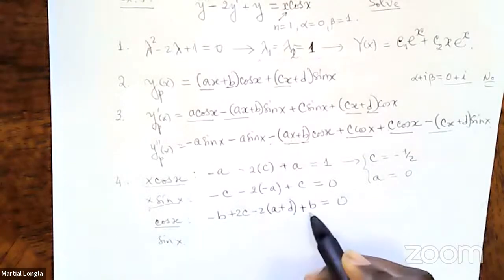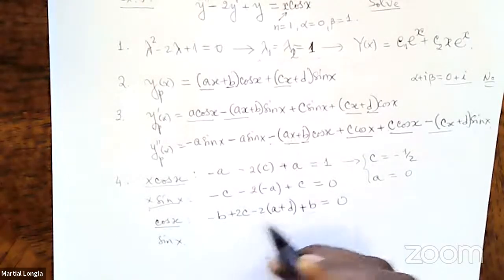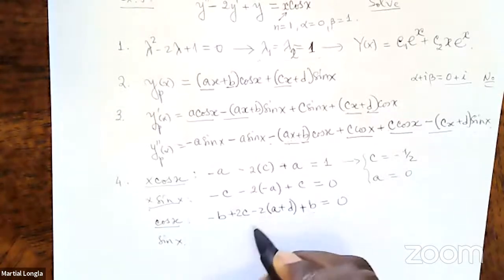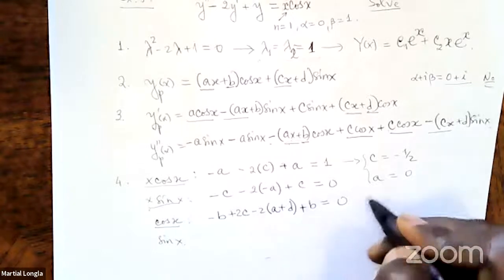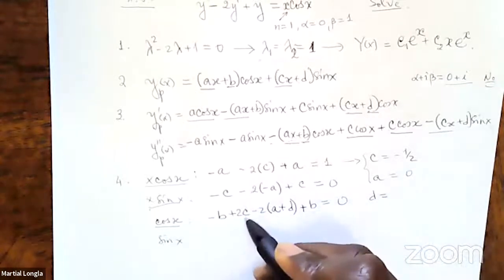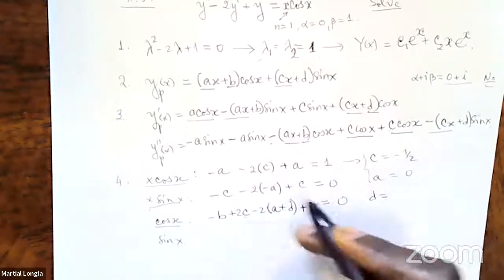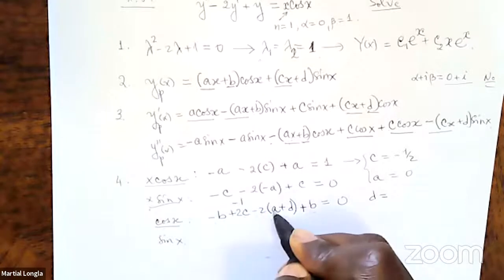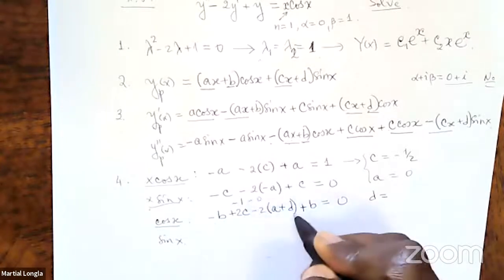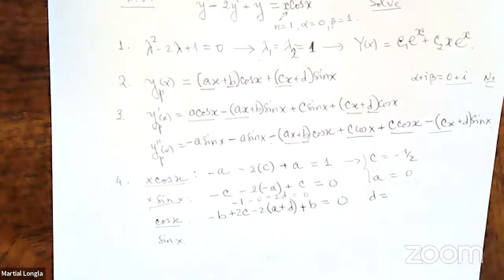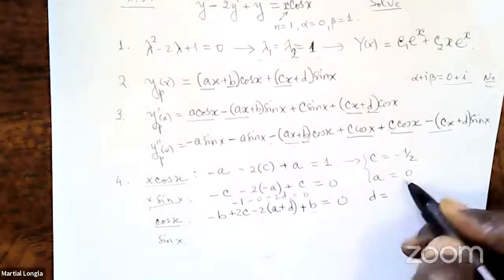The b's cancel. We have a and c, and we can find d. So 2c is minus 1. So that's minus 1 here, minus 0, minus 2d equals 0. So we got d equals minus 1/2.